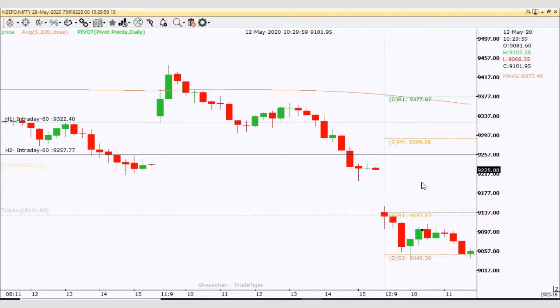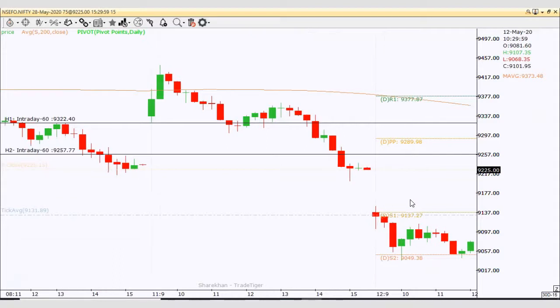Just follow that with a proper risk reward. That's enough. If you understand pivot levels and CPR range properly, try it on paper trading for 10-20 trades and you will come to know the importance of these things, seriously.